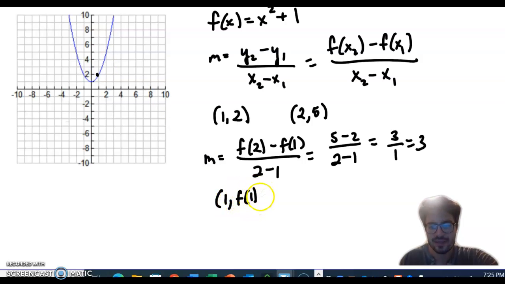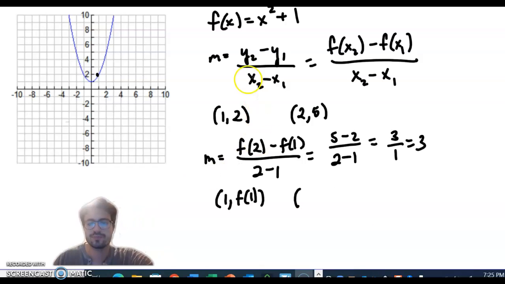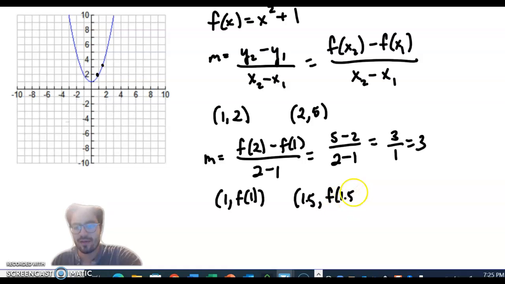So I'm going to write my points like this. Then I have 1.5, right around there, and then f at 1.5. This might be an even better slope. We could even determine it. Let's see.